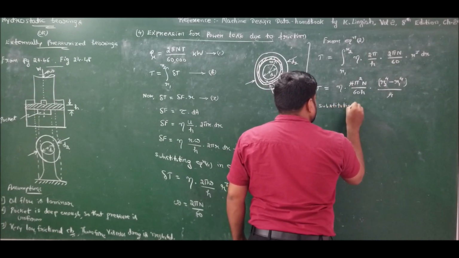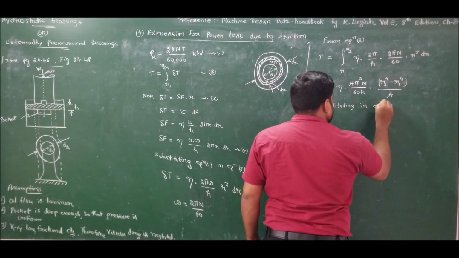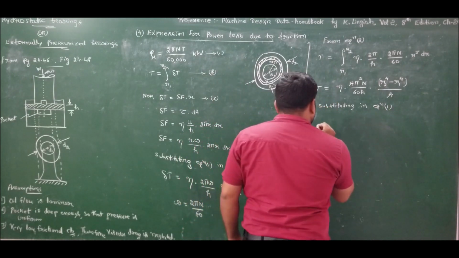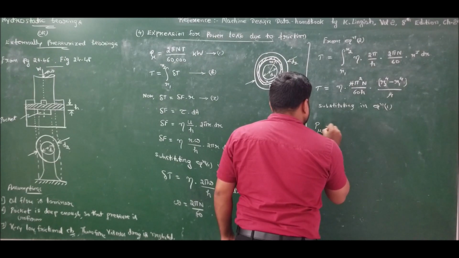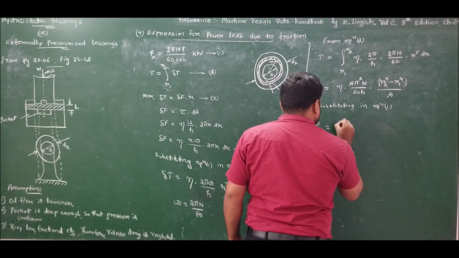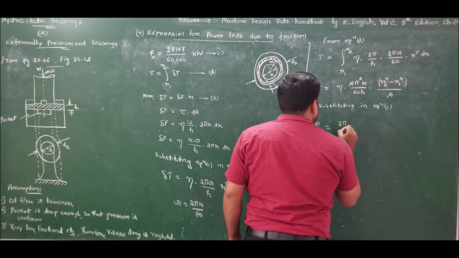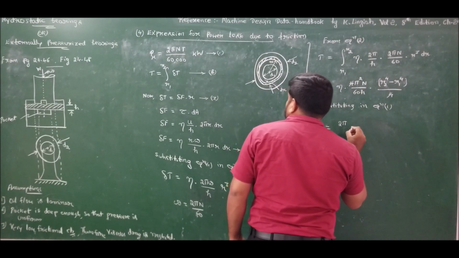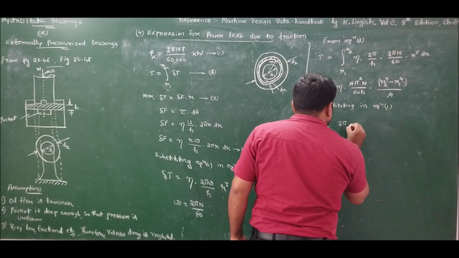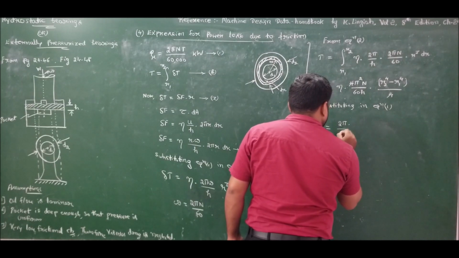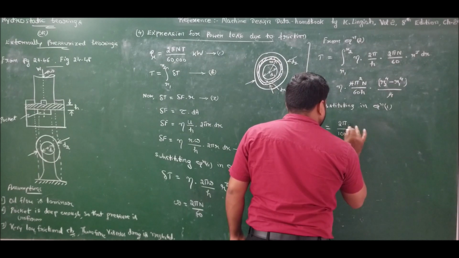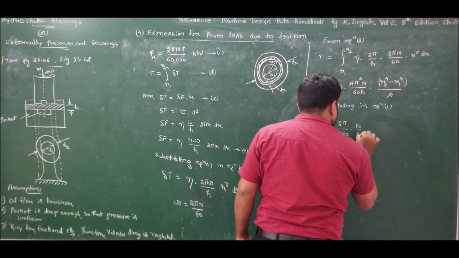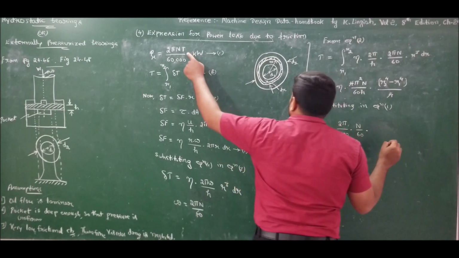If I substitute this in equation 1 and solve, I will get power loss due to friction P mu equal to 2 pi into 2 pi by 1000, and I will write it as n by 60, into torque.